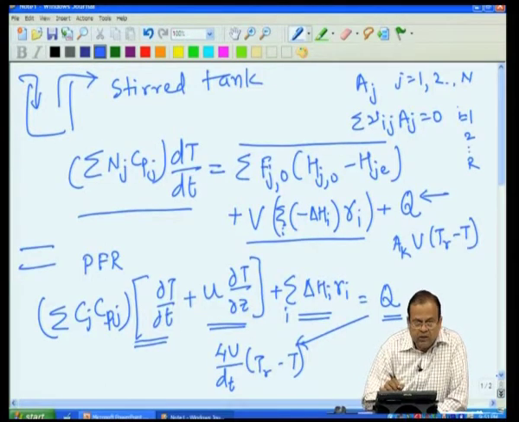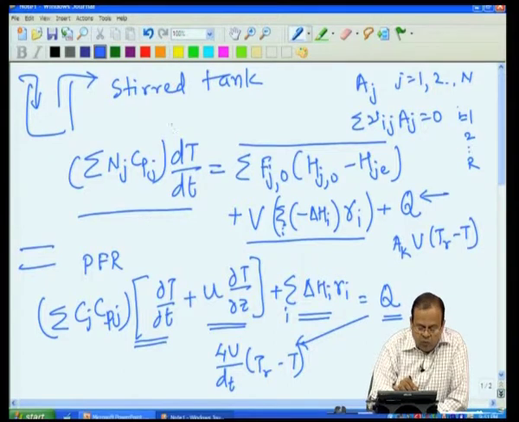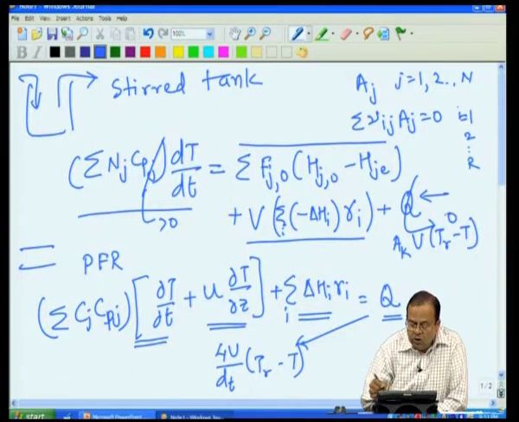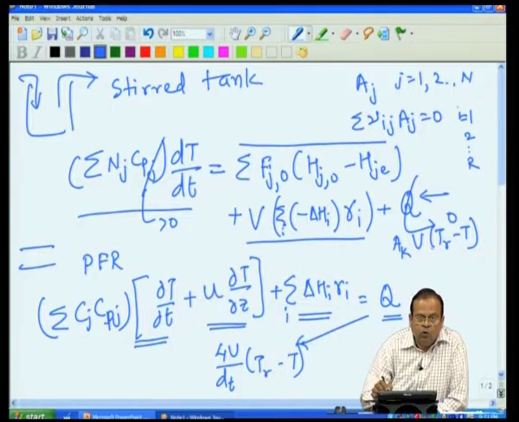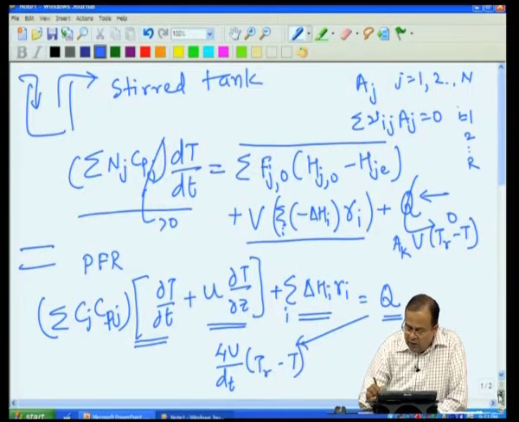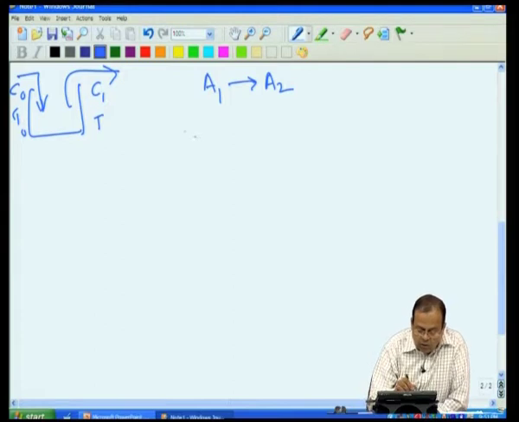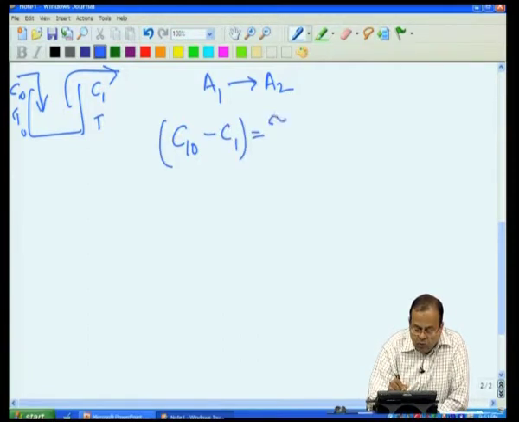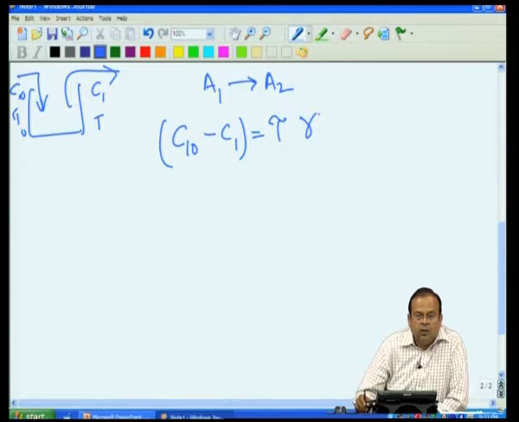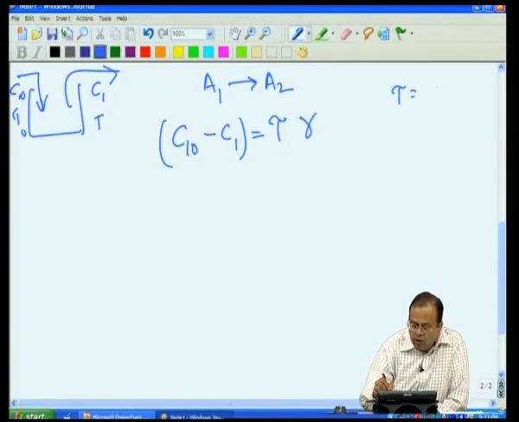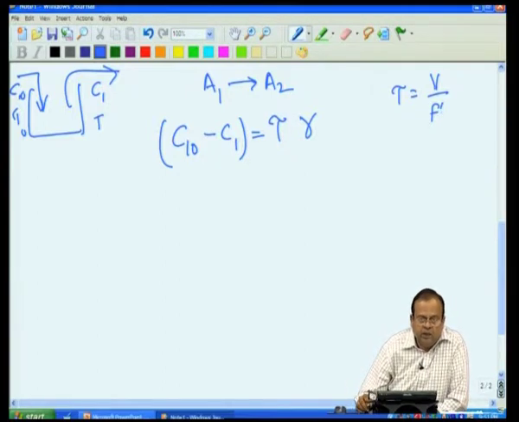We will put this term to 0, and for adiabatic operation this term is also 0, and then we will consider both mass and energy balances, and we can write C10 minus C1 as equal to tau into R. What is tau? Tau is our volume divided by the volumetric flow rate, or the residence time.